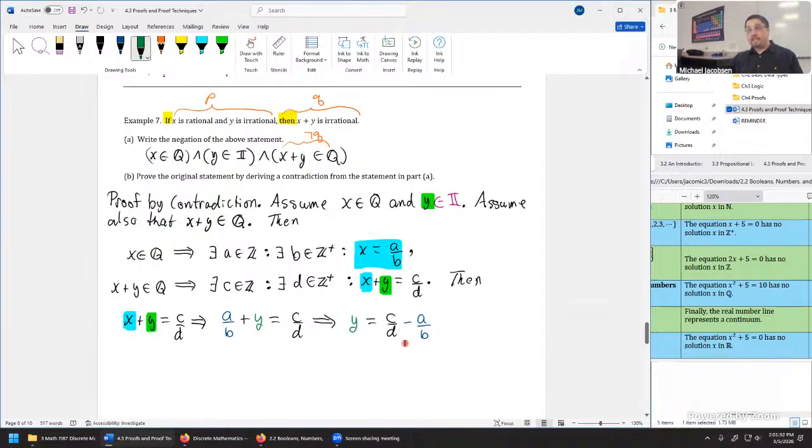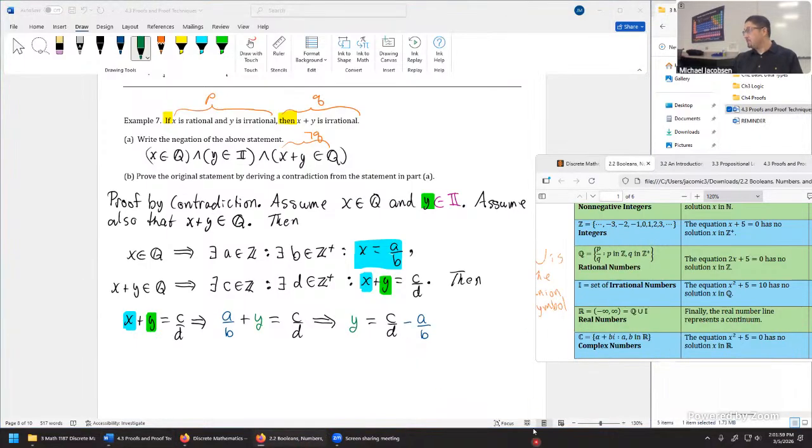And we could take an extra step and add the fractions together if we really wanted to, but we know something nice about the rational numbers. It is closed under the operation of addition, subtraction, and multiplication, and division is where it could go wrong. So the moment we took two rational numbers, added them or subtracted them, and even multiplied them, that's automatically a rational number, because C over D is rational.